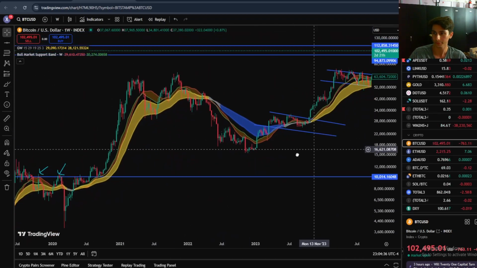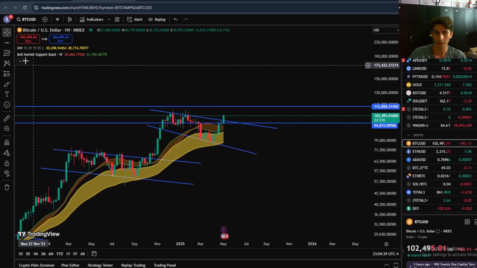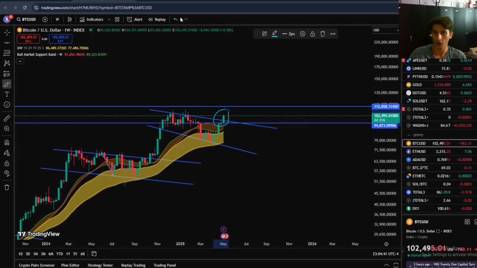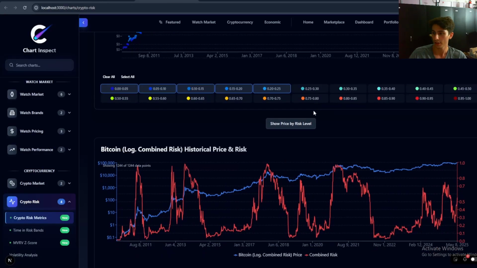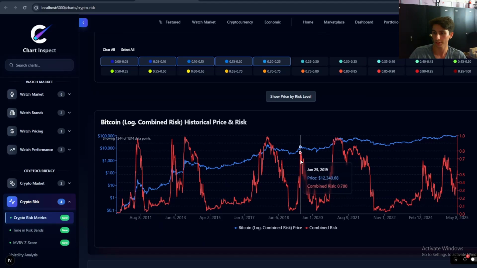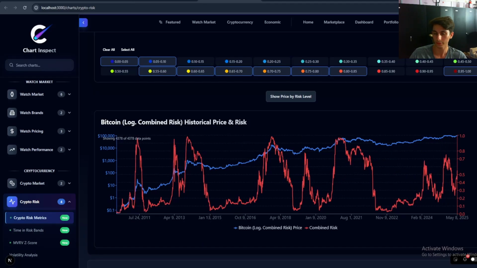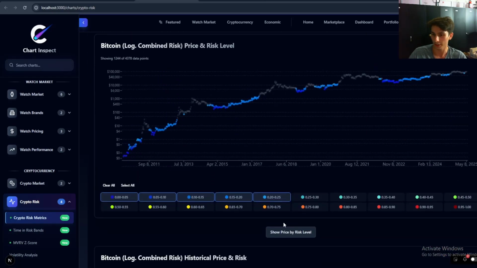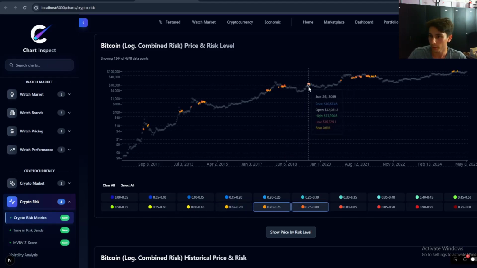I'm just saying that if we can't get a close above this level, which also, by the way, corresponds to around the same risk level, 0.7, that we hit at 106K. If you look at the risk level here, you can see that we're at 0.75 risk at 12,000. We're also at 0.77 risk at 106K.